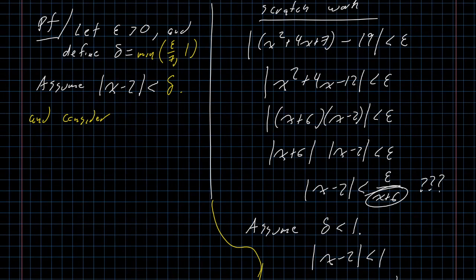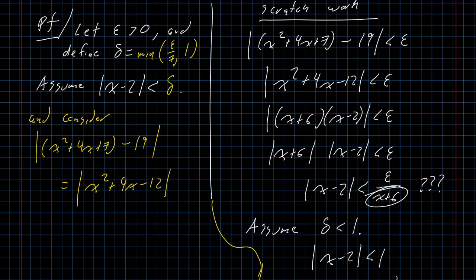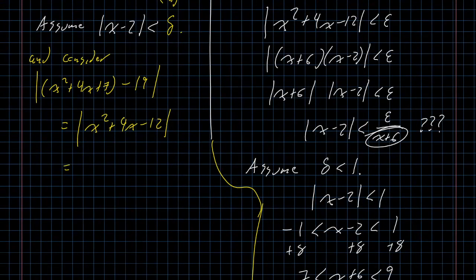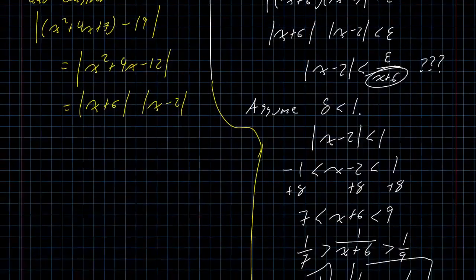All right, so we set that value and we consider the absolute value of our f of x, which is x squared plus 4x plus 7, minus our L, which is 19, and we do our algebra. And everything looks the same. And then we make the claim that we came up with over here.